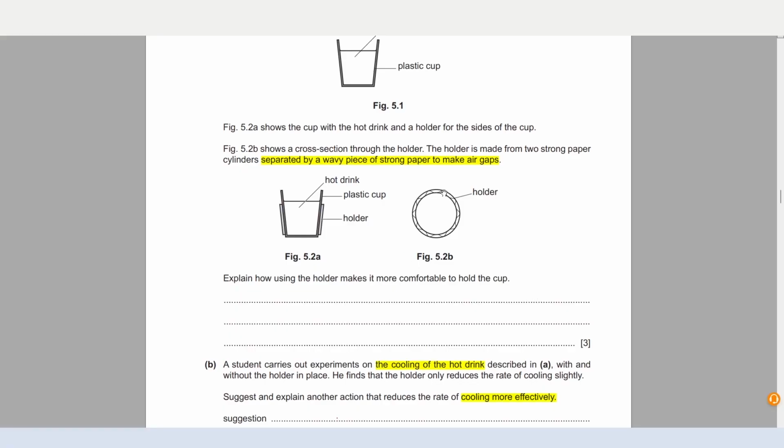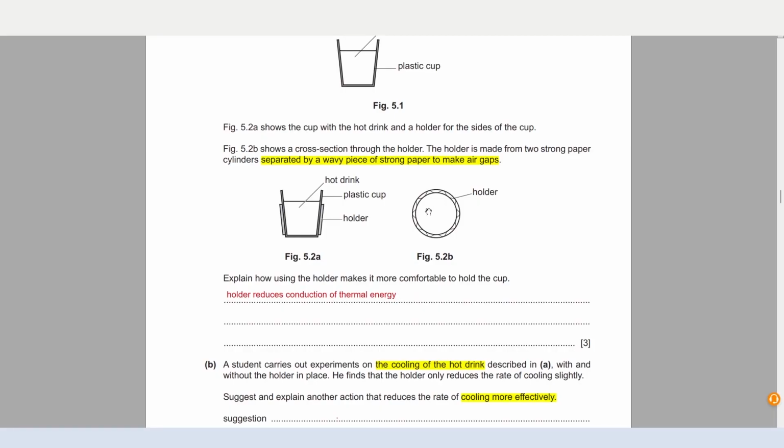The holders have air in between them, and air is a poor conductor of heat. So the holder reduces the conduction of thermal energy, and the temperature outside the holder is lower, making it comfortable to hold. So we can write here that the holder reduces conduction of thermal energy.